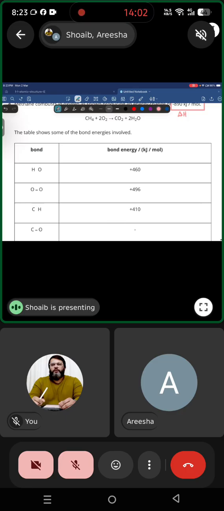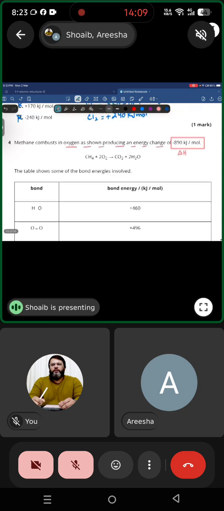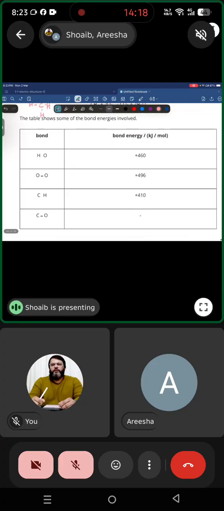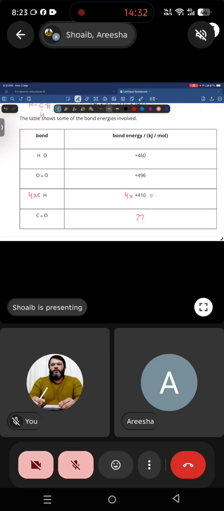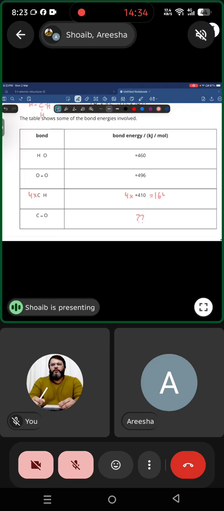Carbon and hydrogen bond. So there are 4 carbon and hydrogen bonds. Carbon is bonded with 4 hydrogen, so we have to multiply by 4 here. 4 multiplied by this, what answer do you get? 1640.